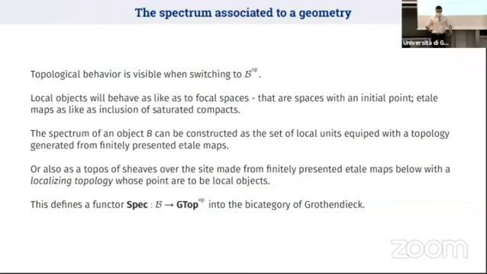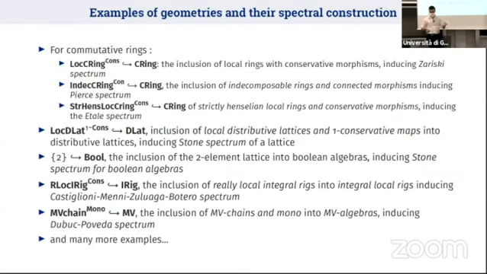In fact, the spectrum is a functor that concretizes this intuition by constructing a topos for each object, made of the étale maps below it, and whose points are to be the local units of this object. And this defines a functor into the bicategory, the opposite bicategory, of Grothendieck topoi.